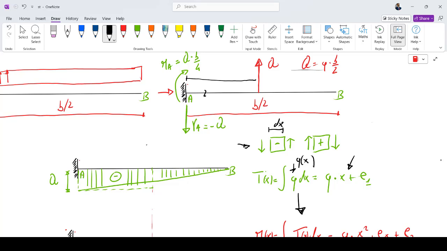If I put here a section of this beam, here is acting this force that is VA. So in response to this VA, I can put here another force, a dummy force. These two forces, VA and VA prime, generate this convention that is a negative shear. So we obtain this.